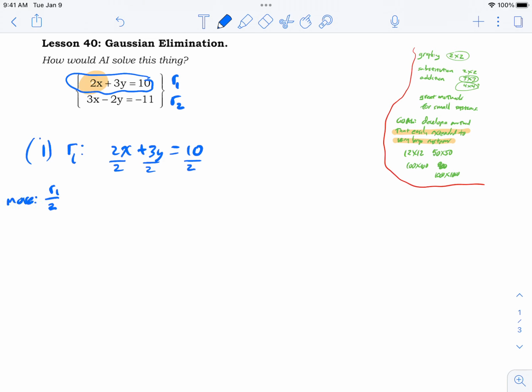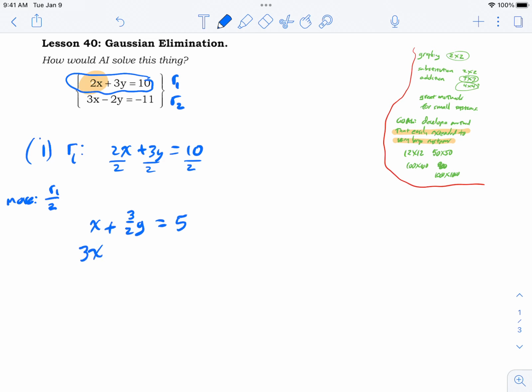That's our move. Row 1 divided by 2. And when we do that, what do we get? Well, 2x over 2 is just an x. 3y over 2, you could write that as 3 halves times y equals, and then the 10 over 2 is a 5. So that's our new and improved row 1.